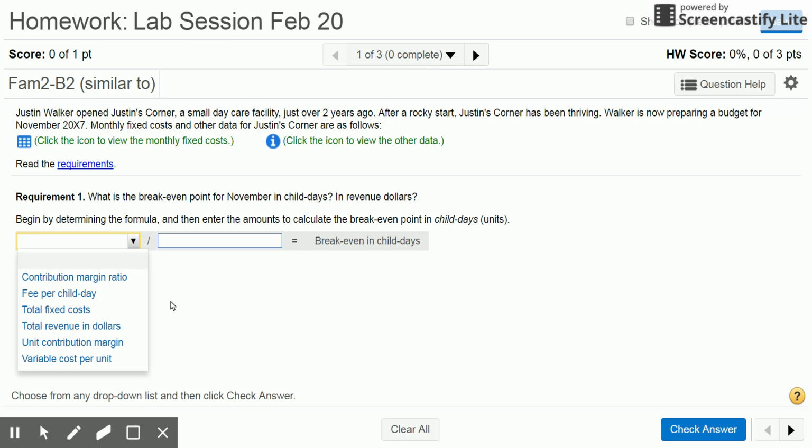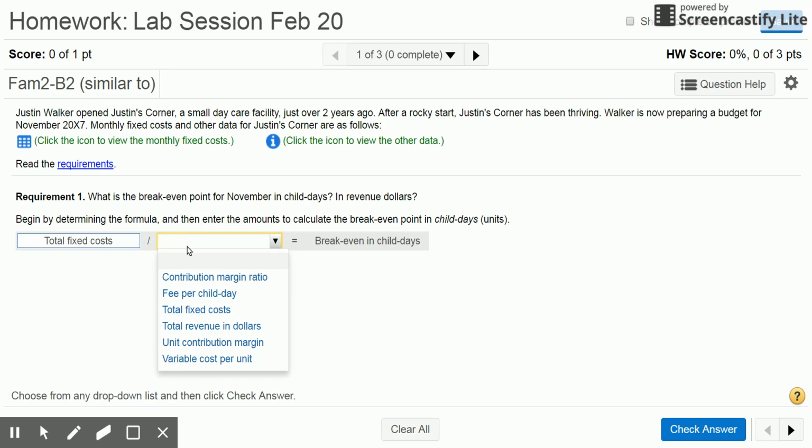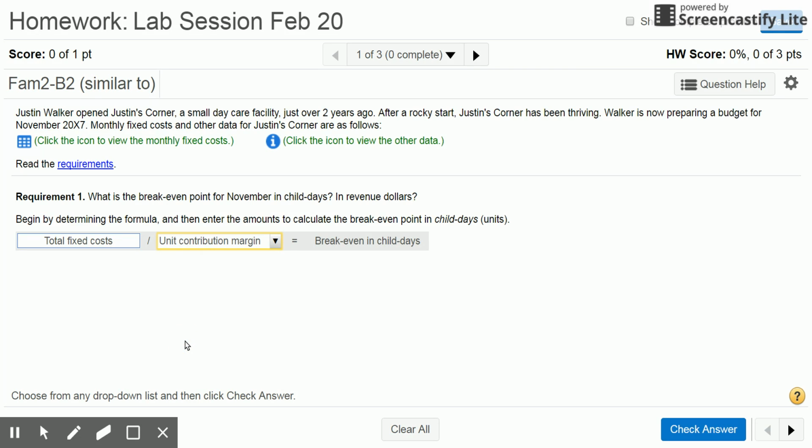In a break-even point, we are trying to see how many customers, how many products should we sell in order to cover all of our cost. So the total fixed cost over the unit contribution margin will be the break even in a child's day.